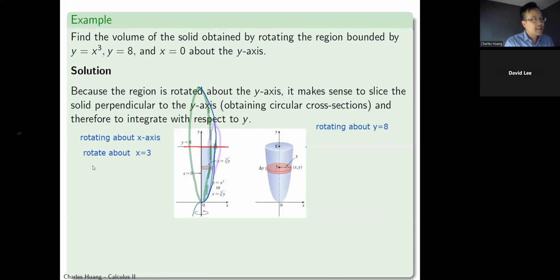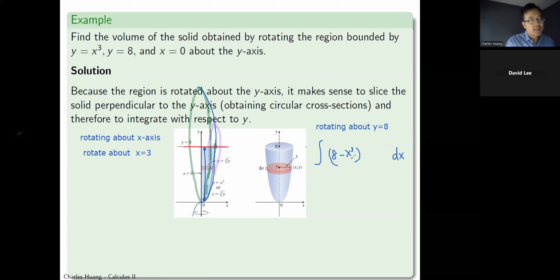Because the axis is down the center like that, horizontal axis, we're going to use dx in this case. The radius is going to be the distance between these two things, right? That's the radius. So between A and my function, so I'm going to do 8 minus x cubed.